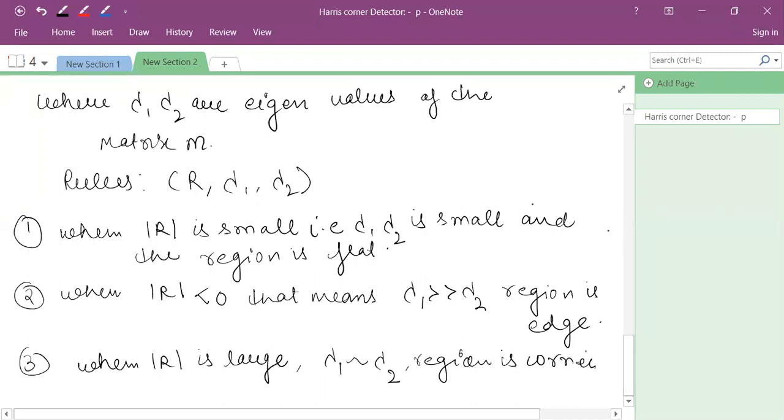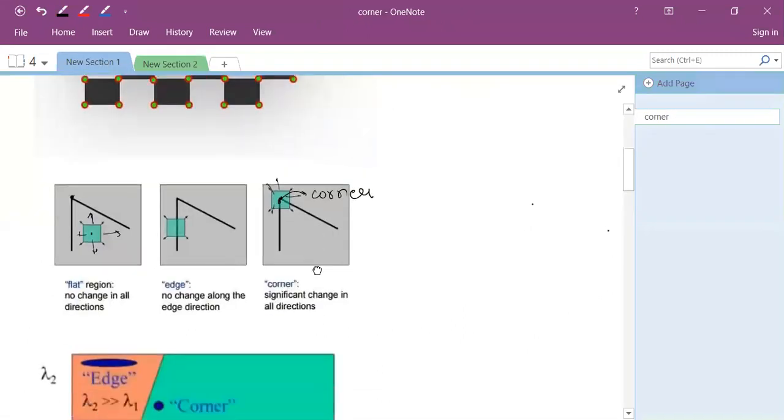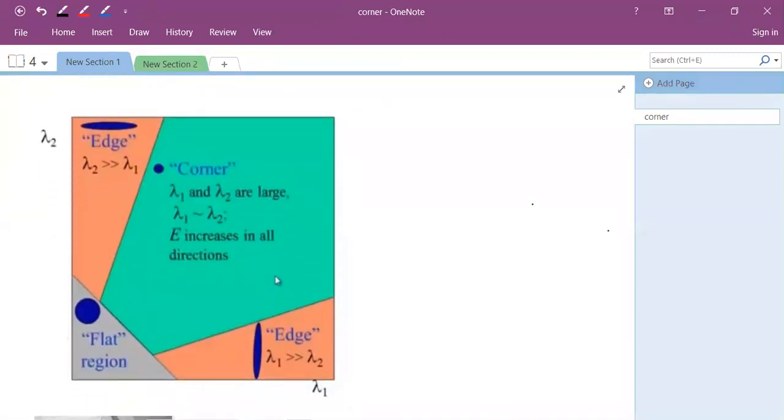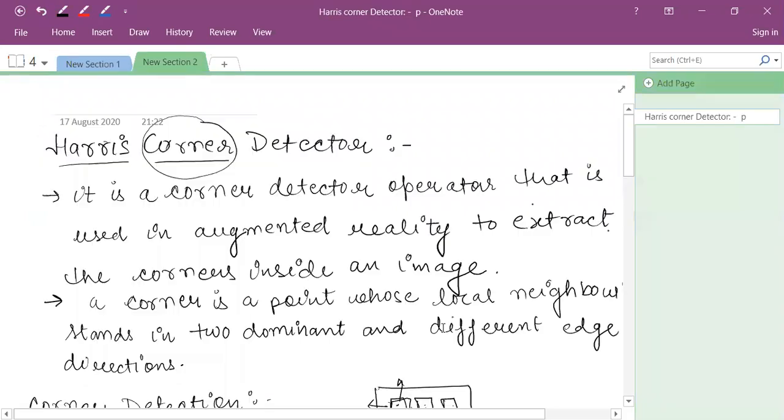So these three rules can be understood by using this diagram also. This is lambda 1 on the x-axis, and on the y-axis there is lambda 2. Sorry, I think I wrote a wrong annotation here.